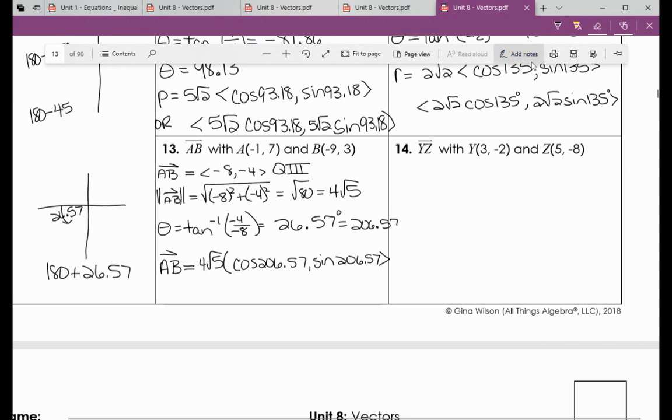And I apologize, I'm not using the appropriate symbols. That should be component. Or you can put the 4 square roots of 5 on the inside as its scalar multiplier.